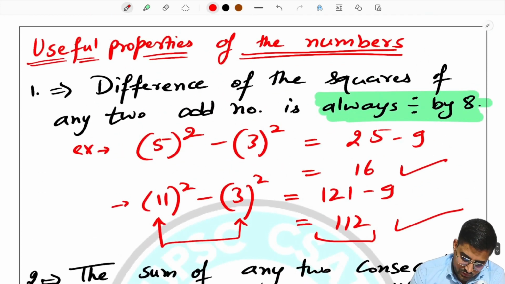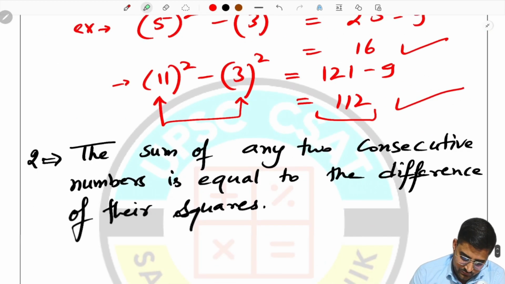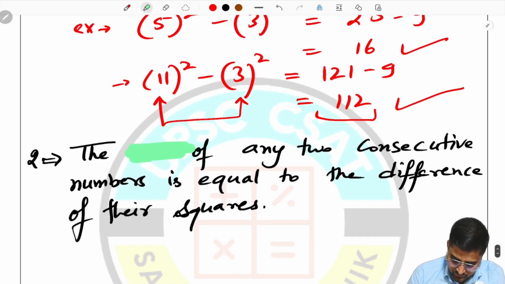It's a similar one, but there is a twist. First, we talked about the differences. Here we are talking about the sum.